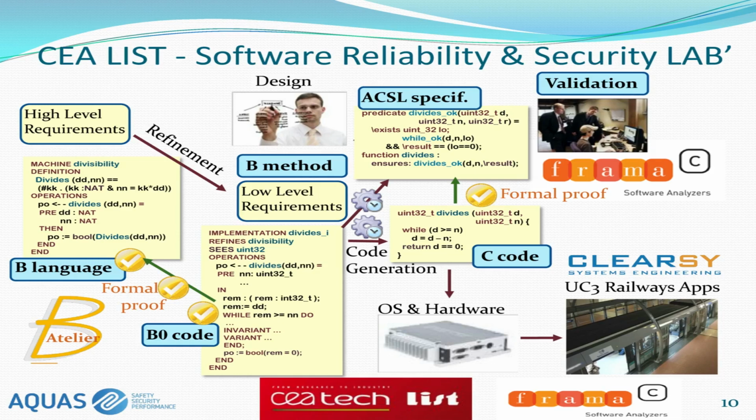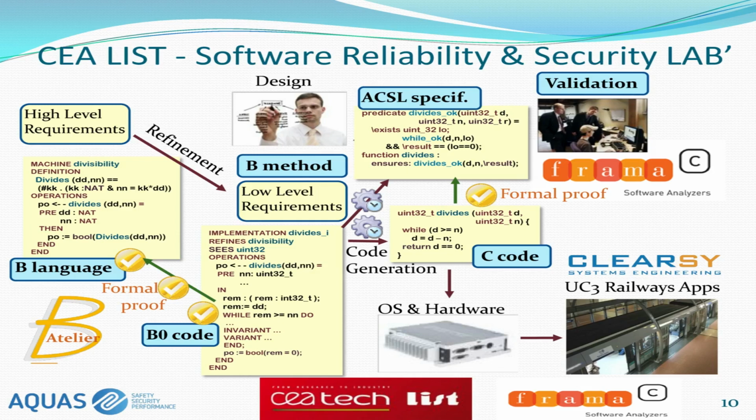Today, ClearSy ensures the compliance of the generated C code with the B0 description by using two different translators from B0 to C. These two translators have been implemented by two independent teams. At the end, the generated C code from a B0 description is accepted only if the two translators give exactly the same result, spaces included.